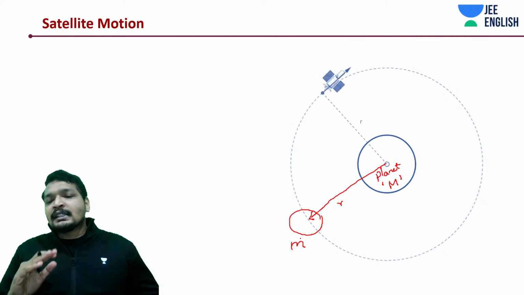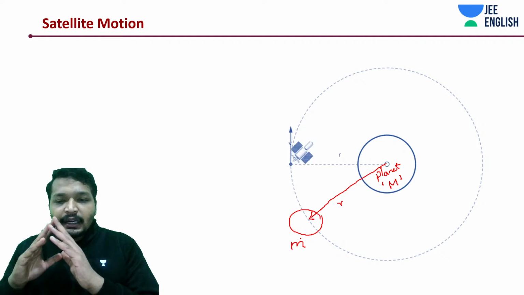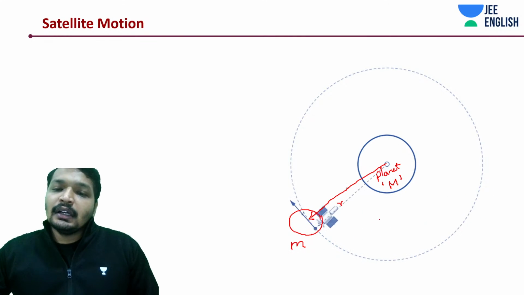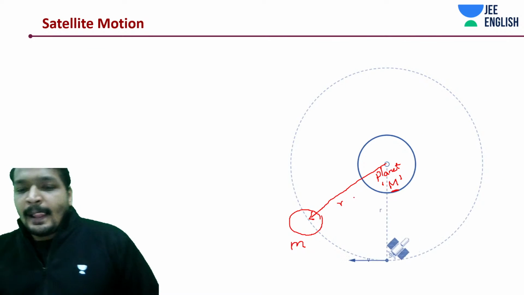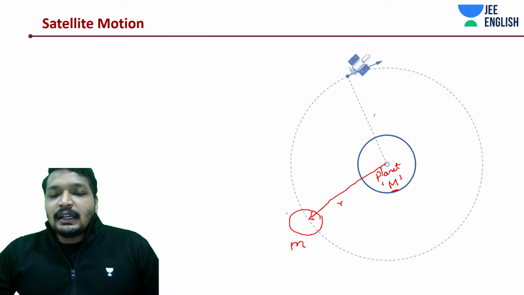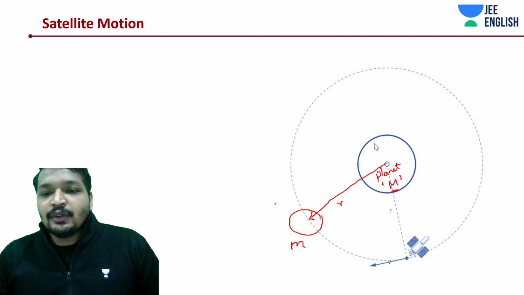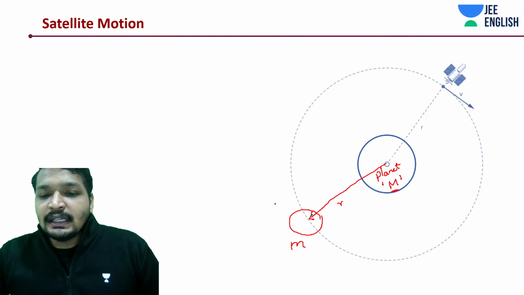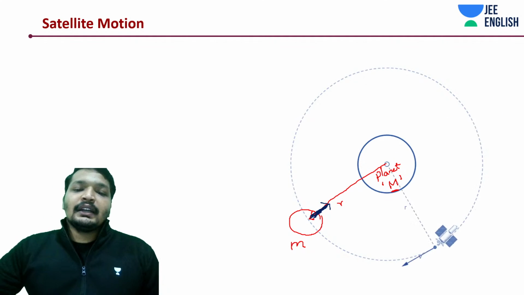As you know, this mass is going to become irrelevant. Except for the total energy case, your final result is going to be dependent upon just the planet mass, not upon the mass of the satellite. Now, in any such case, two kinds of things are happening. One is the gravitational pull towards the center, and of course this is balanced by the centrifugal force.